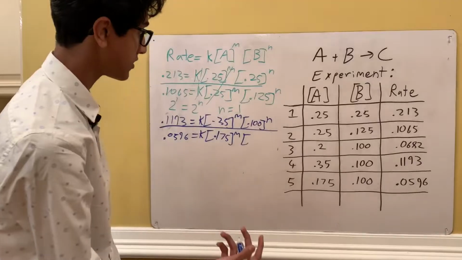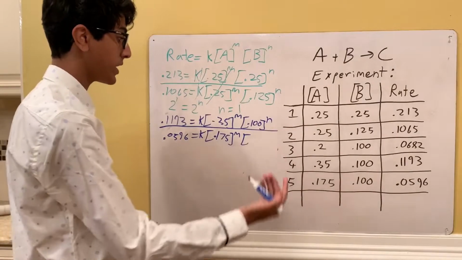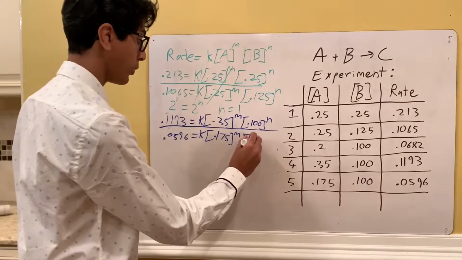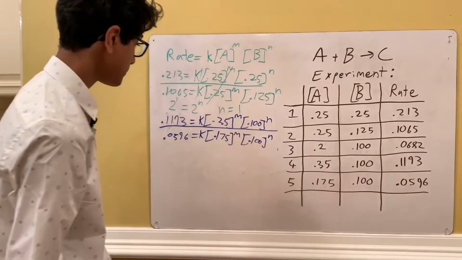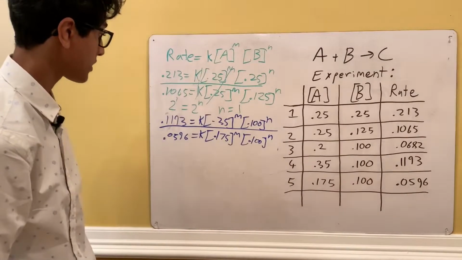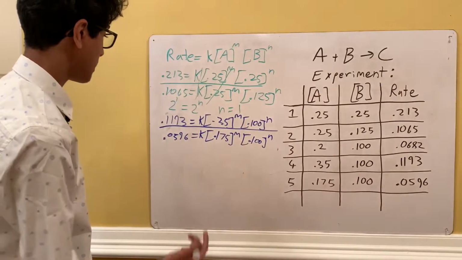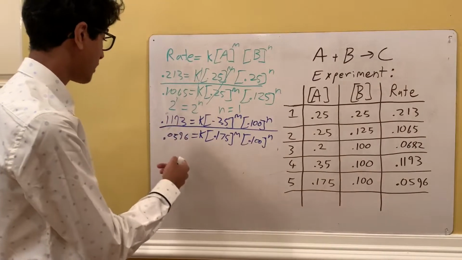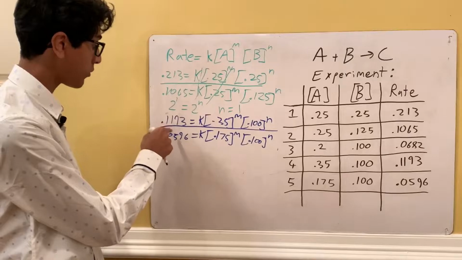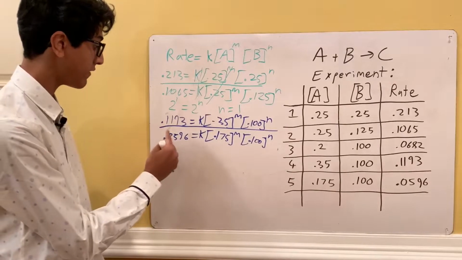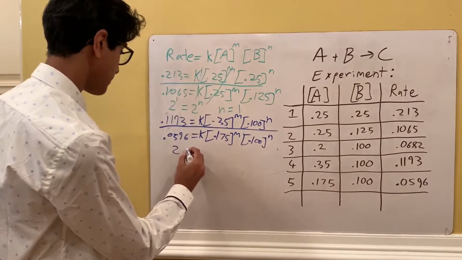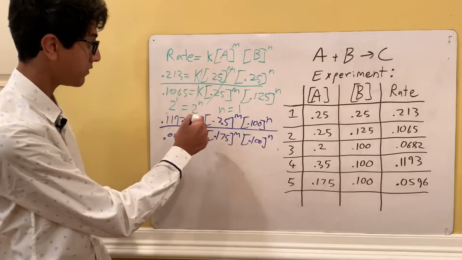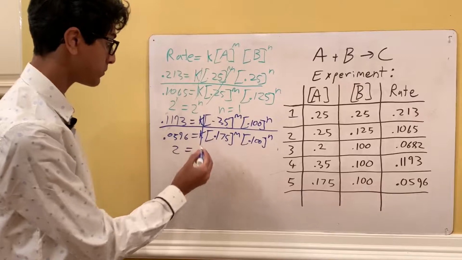And then the concentration of B is remaining constant, so it's still going to be 0.100, to the N. So this time, we're still going to divide the rate laws, so 0.1193 divided by 0.0596 is just 2. And then the K's divide out, and we'll just get 1 as well.